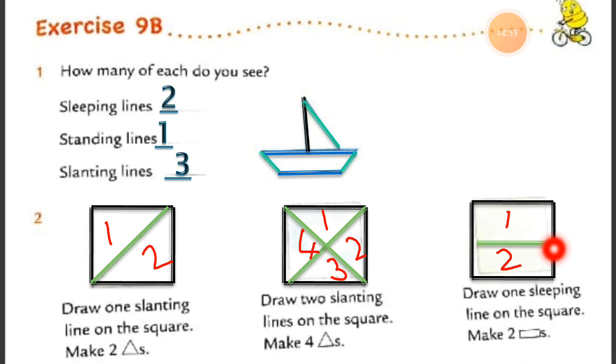And in the next square shape we drew one sleeping line and we made two rectangles. So this way you have to make and write down this exercise 9b, question number 1 and question number 2 in the rough book 2 times.